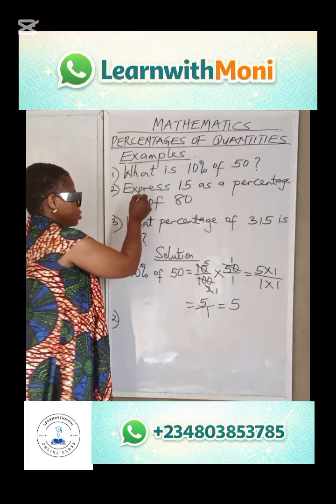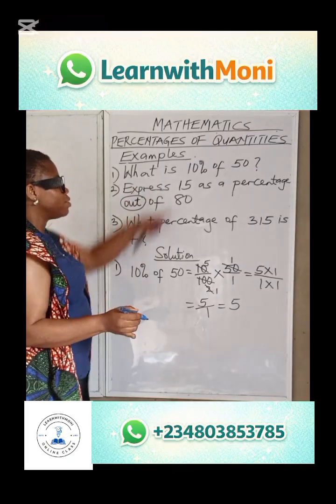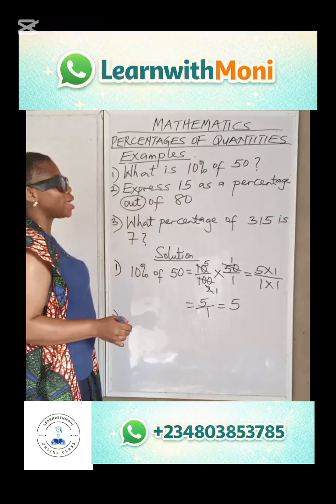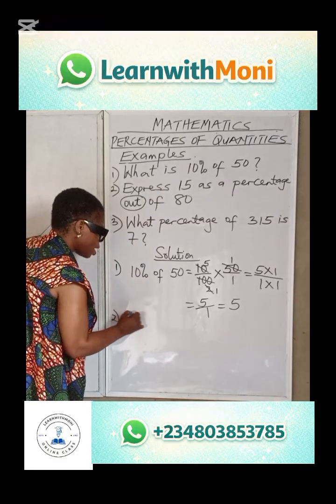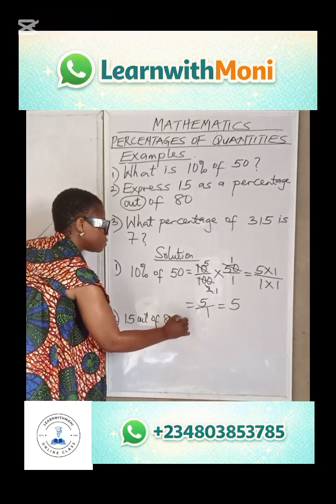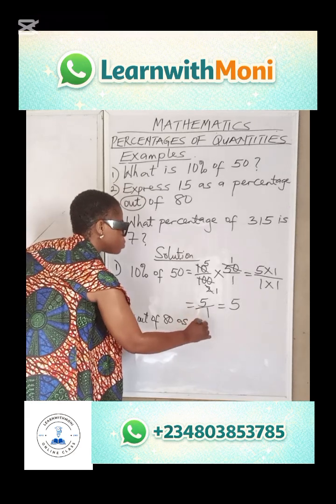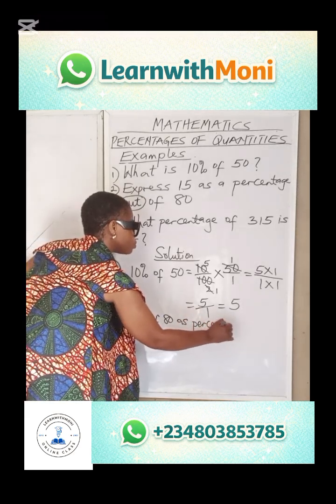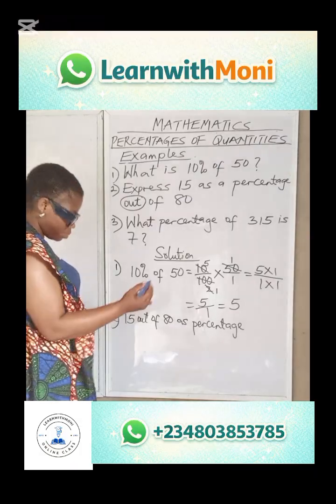Then in your mind, you insert out of. That means 15 out of 80 as a percentage. That is the interpretation of the question.